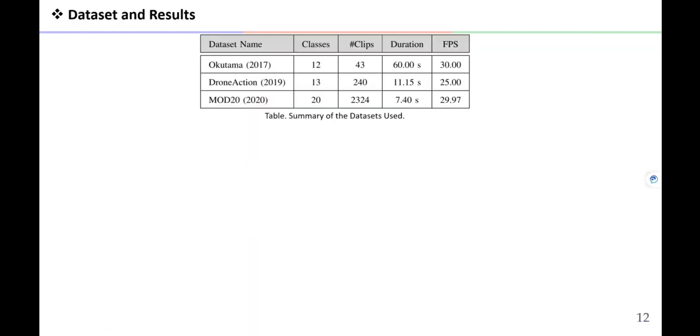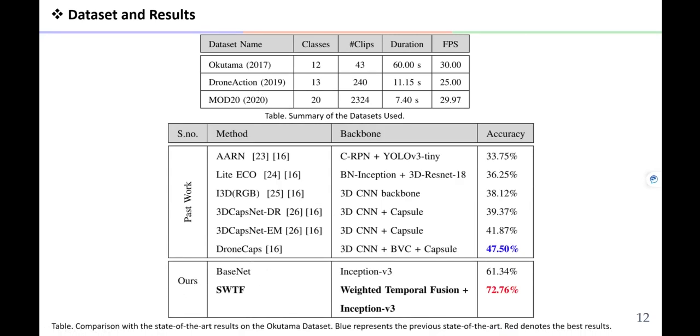Now datasets and results. So this is the summary of datasets used. We used 3 different datasets, and when we compared with existing models, our model shows 72.76% when we applied weighted temporal fusion plus Inception V3 model.